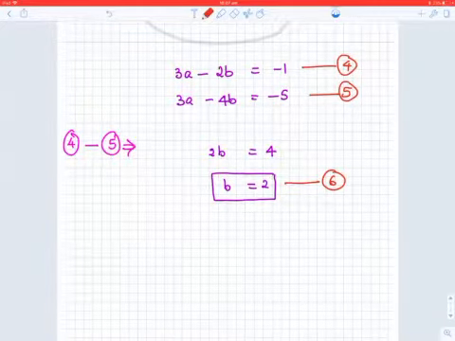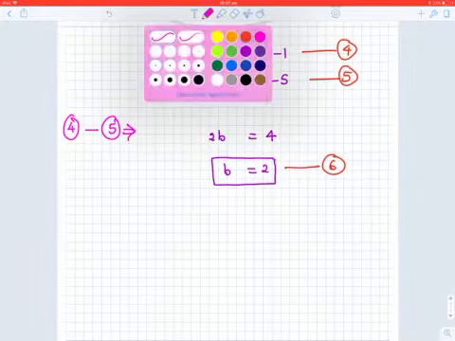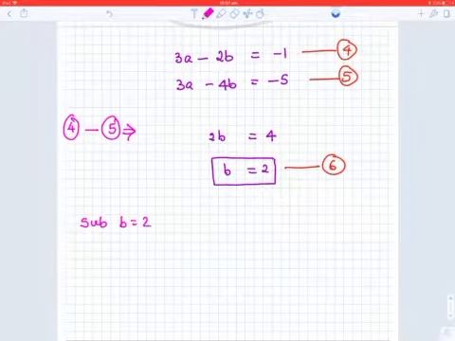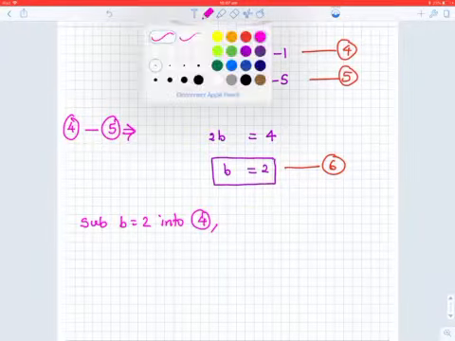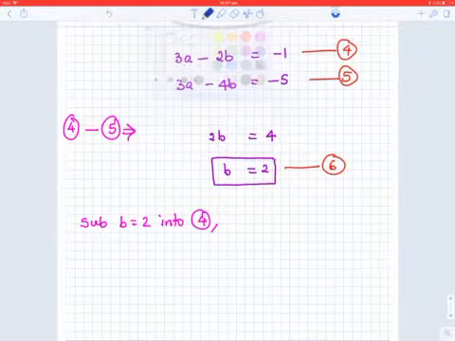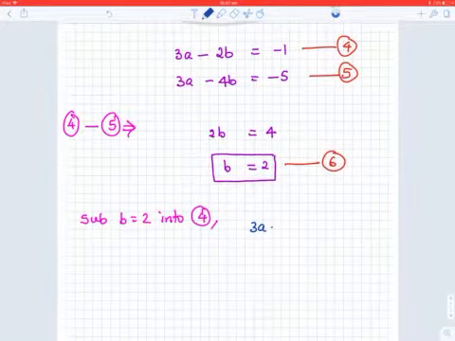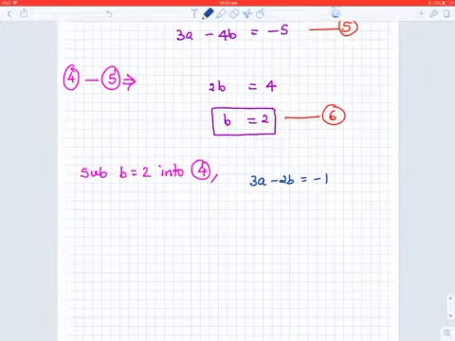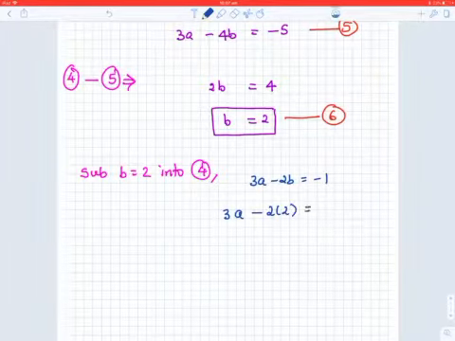Now I have to find A first, because from here I can't go straight to C. I'm going to use this B in one of the equations, either 4 or 5, both are similar. So I'll substitute B equal to 2 into equation 4. Equation 4 is 3A minus 2B equal to minus 1.